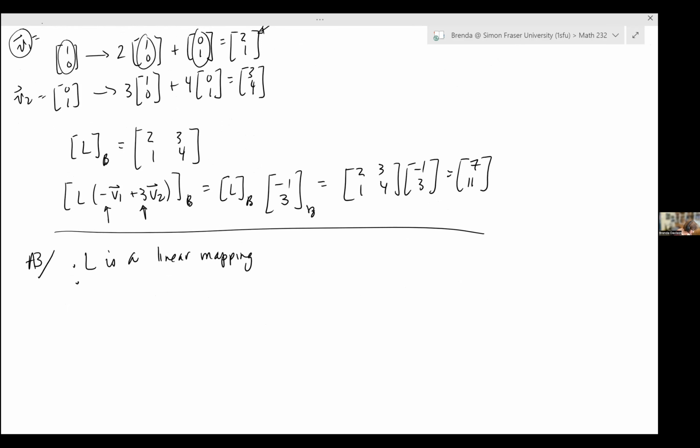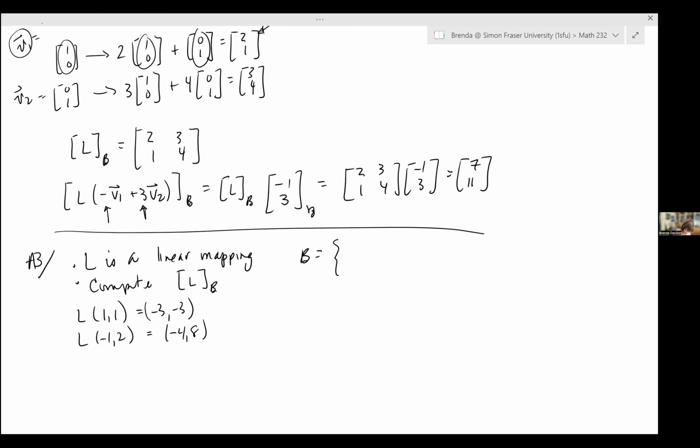And we are going to compute the matrix representing L relative to the basis B. And this is what we are told. The linear map looks like this. The vector 1, 1 maps to minus 3, minus 3, and the vector minus 1, 2 maps to minus 4, 8. And of course, we need to know what is B, and that's given to us.